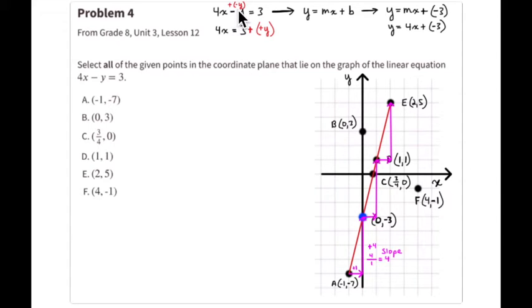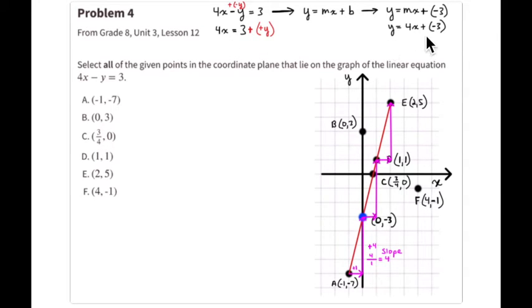So y plus a negative y plus a positive y equals 0. But you also have to add that positive y to this side. So this becomes 3 plus positive y. This becomes 0. So now we have 4x equals 3 plus a positive y. All right, so I have a positive y here, a positive y here.